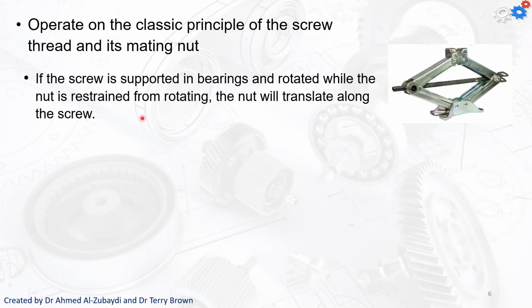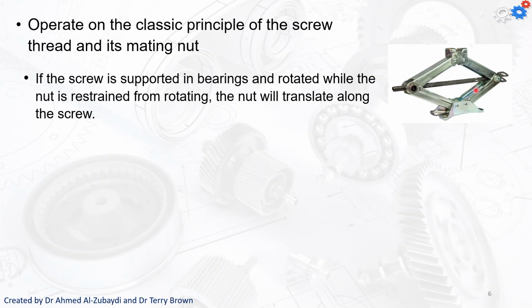So they operate on the classical principle of the screw thread and its mating nut. So if we have a screw supported in bearings and rotated while the nut is restrained, many of you would have used something like this to raise and lower your car to change a tyre. If we put a torque over here on this right hand side, that rotates the screw, and in here we've got a nut, and one end is just a bearing.